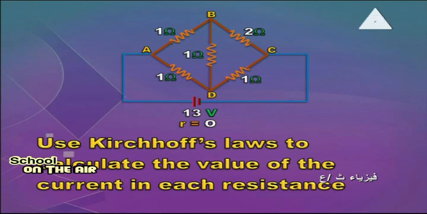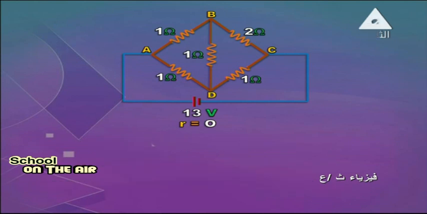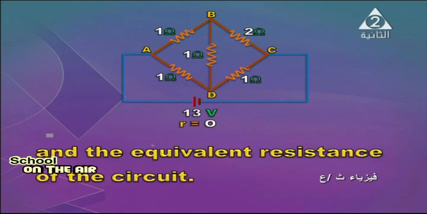So we want the current that flows through each resistor and the total current, of course. We want the equivalent resistance of the circuit so as to be able to get the total current.